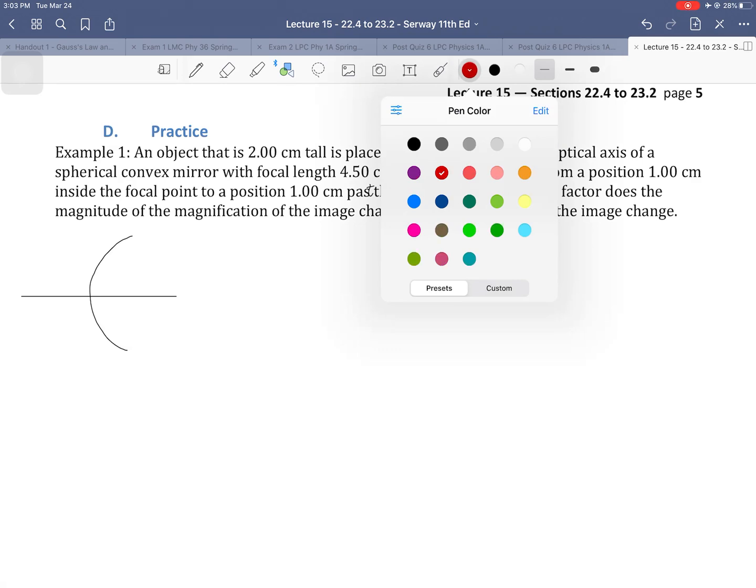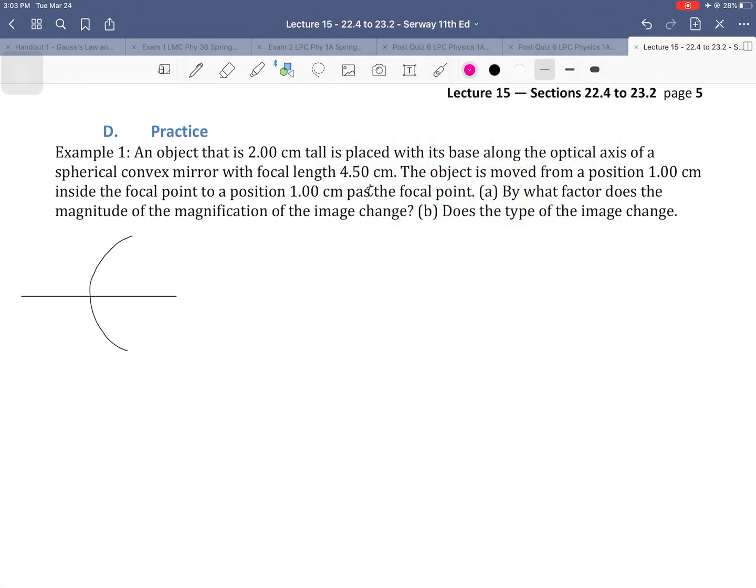We're then going to have an object located somewhere over here, and then we know we're going to have the focal point. The object is moved from a position 1 centimeter inside the focal point to a position 1 centimeter past the focal point.